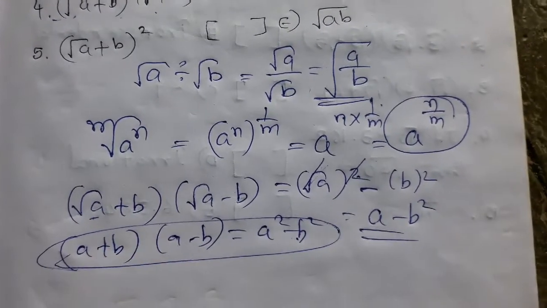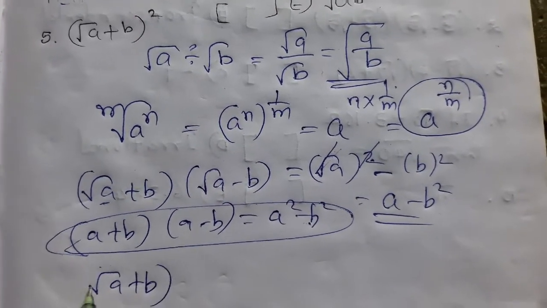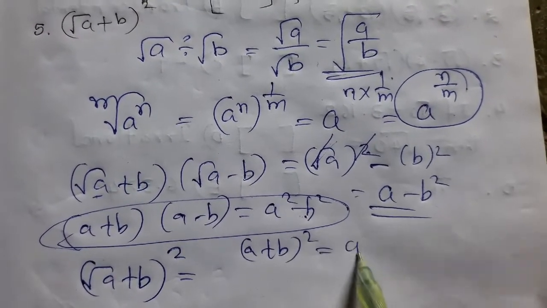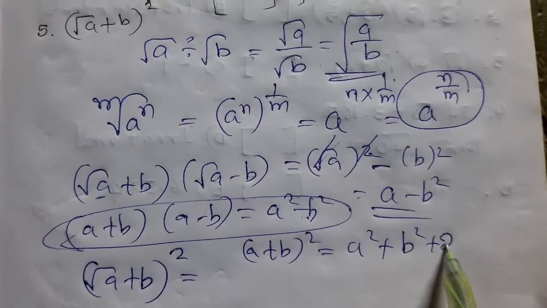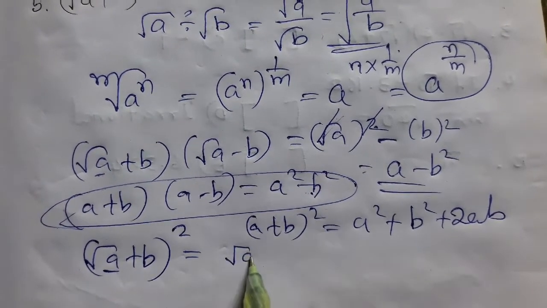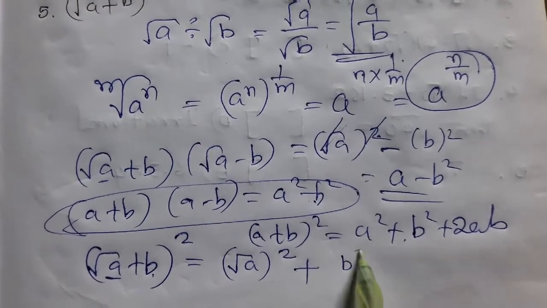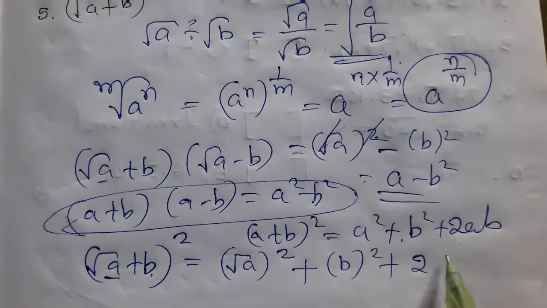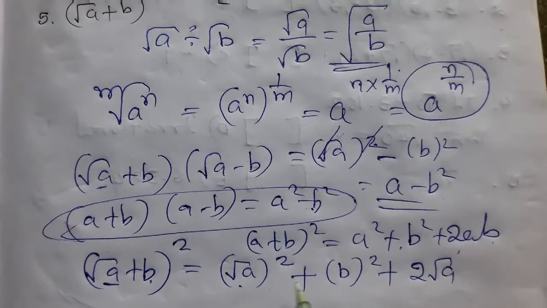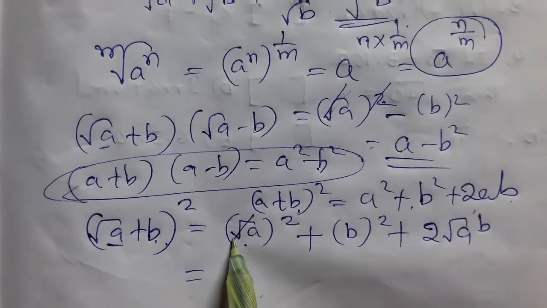Next, the fifth one. Root a plus b whole square is given. Using the a plus b whole square formula, that is a square plus b square plus 2ab. Here a is root a, so root a whole square means a. B square means b whole square, plus 2 into root a into b. The root and square cancel.